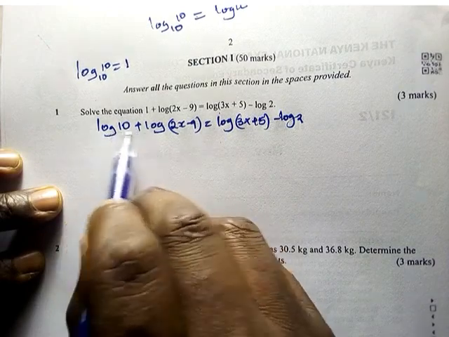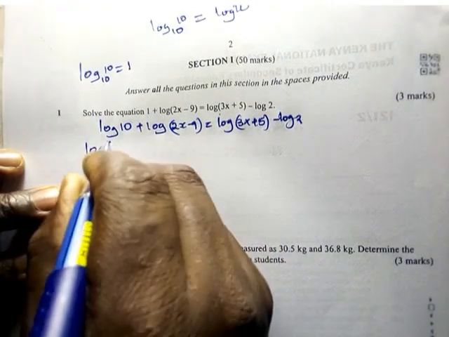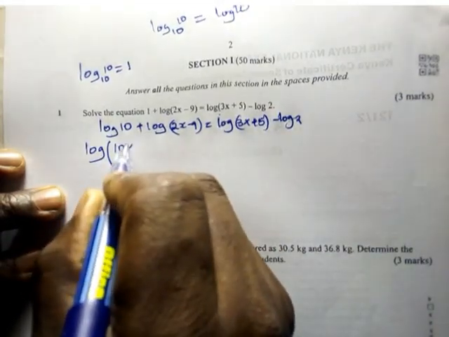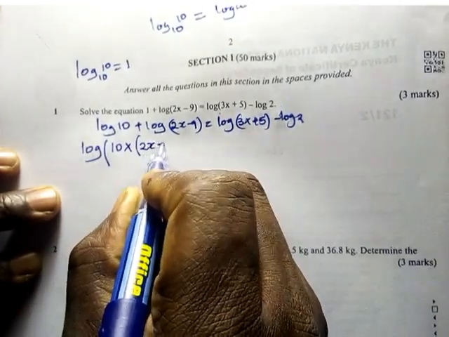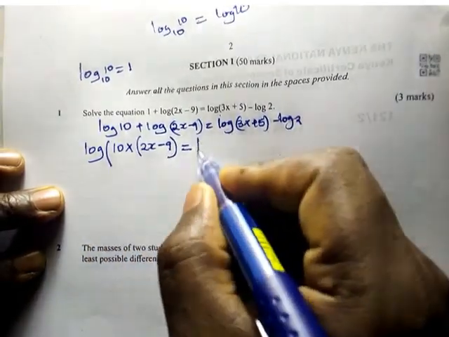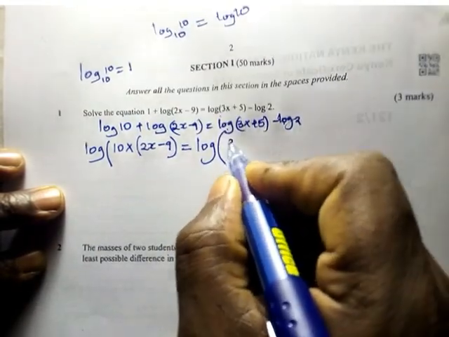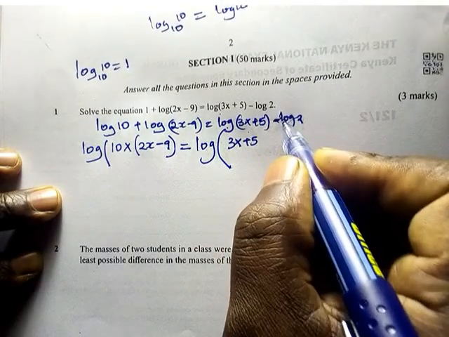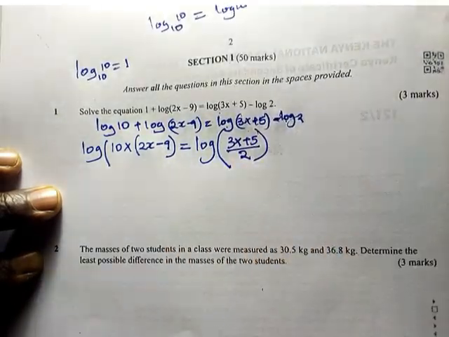When the bases are the same, we take one log: log of 10 times (2x minus 9), where plus means multiplication, is equal to log of (3x plus 5) divided by 2, where minus means division.